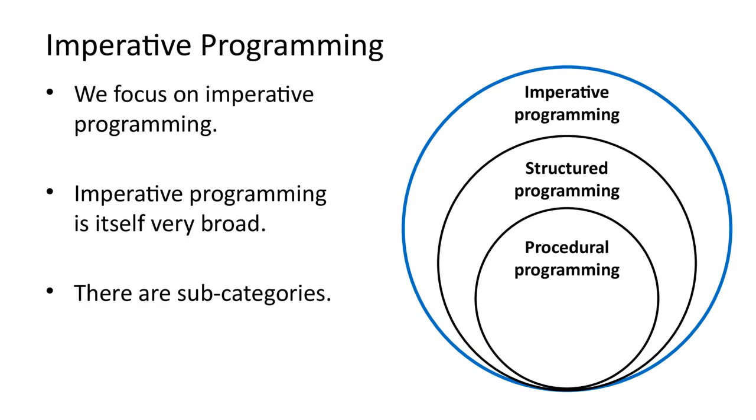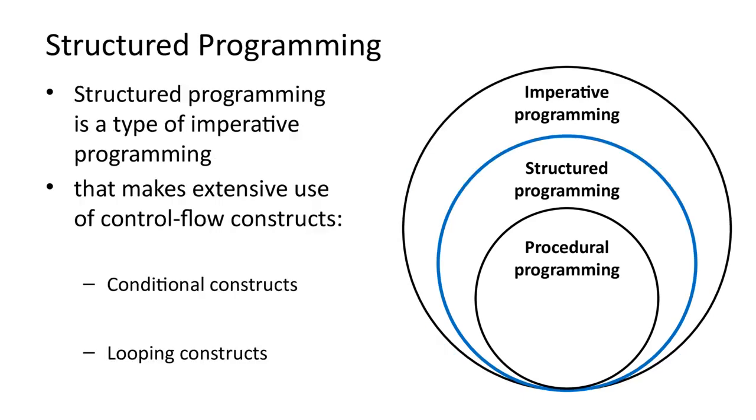We can drill down deeper into more specific categories. The next level down is structured programming. Structured programming makes extensive use of control flow constructs. These will be discussed in more detail later in this course. They include conditional constructs and looping constructs. If we drill down one more level, we arrive at procedural programming.